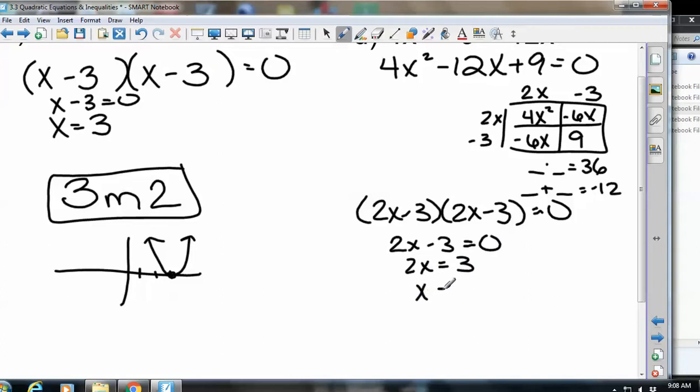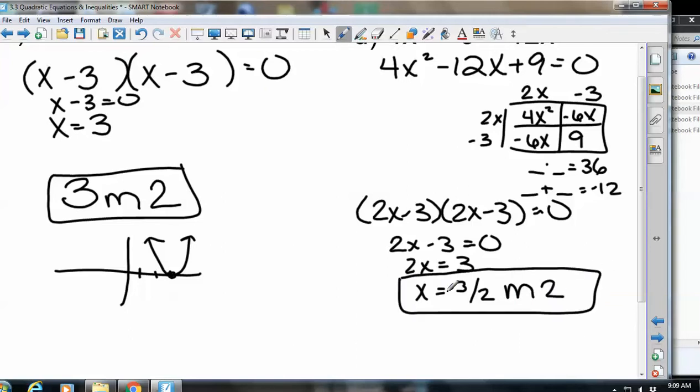So add your 3. Divide by 2, and we get 3 halves, but it works for both parentheses, so what else do I need with this? Multiplicity 2.